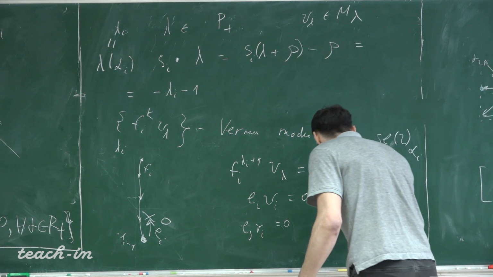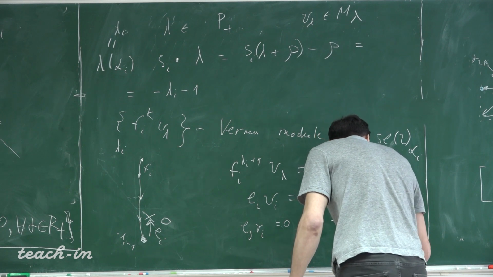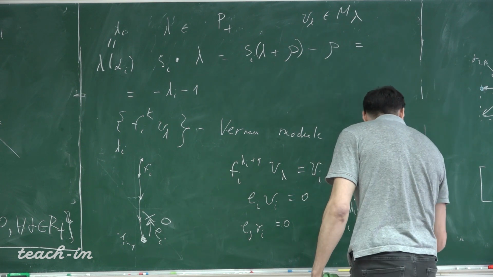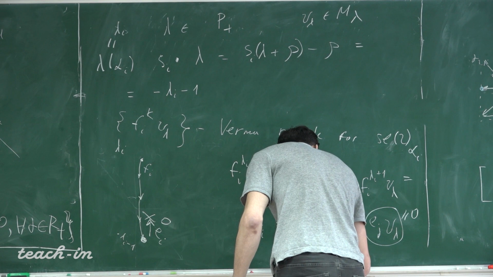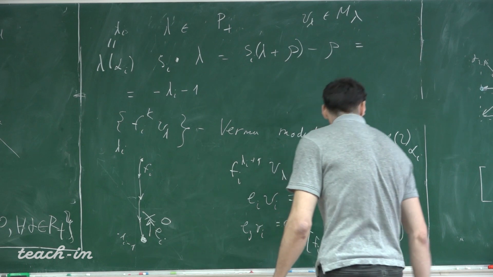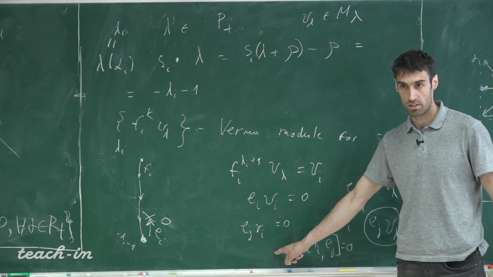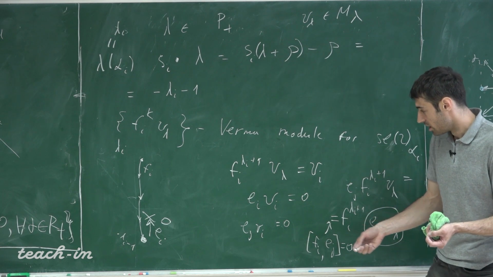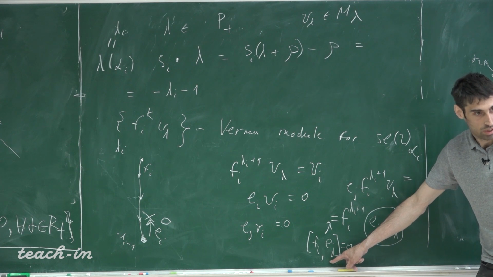So this is the same as f_i to lambda_i plus 1 times e_j v lambda, but this one is 0, because f_i commutes with e_j. Therefore e_j v_i is also 0. So v_i is a singular vector. It is killed by e_j with different indices, for this very simple reason.